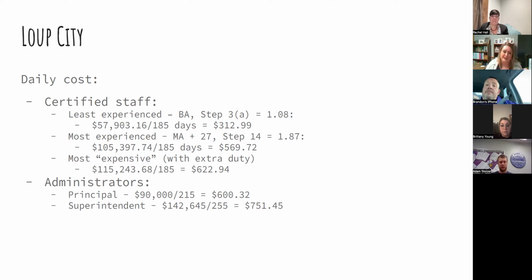So for the least experienced, it ended up being about 300, a little bit over a day. Most experienced, about 569. And then the most expensive wasn't necessarily the most experienced, because I had all that extra duty baked into it as well, for about 600. What I thought was interesting was the administrator salaries.